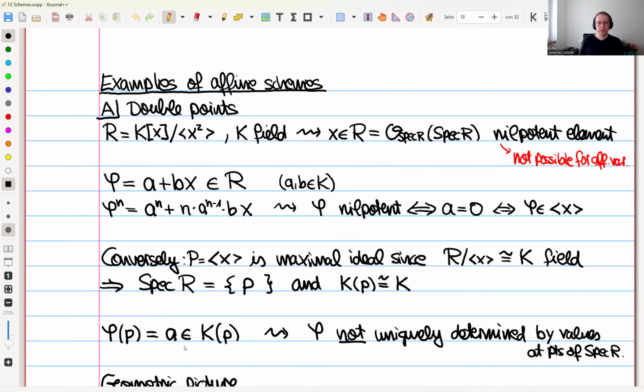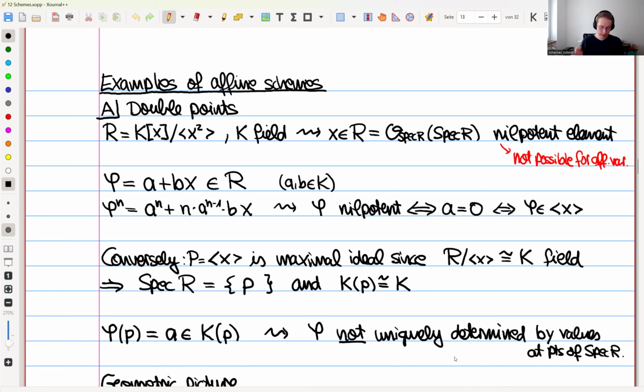But this gives an interesting example because this means phi is a function on all of spec R, but its values at all the points, namely at exactly the one point that we have, do not determine phi completely, because we cannot reconstruct what the b is from this value.